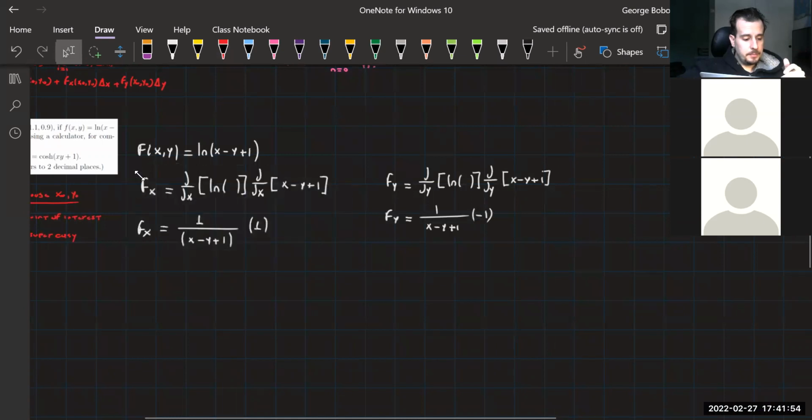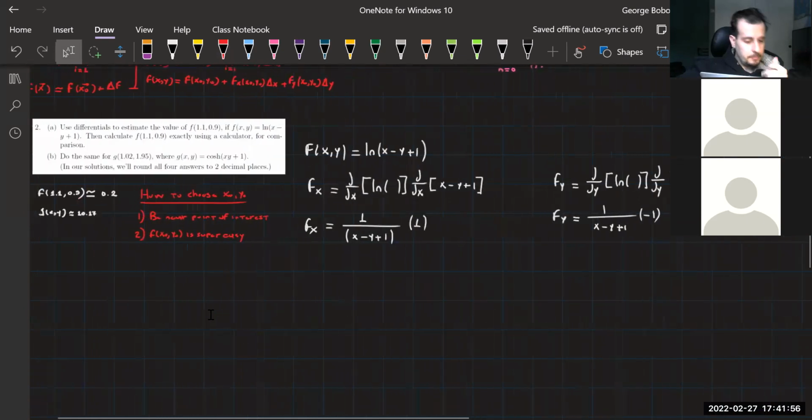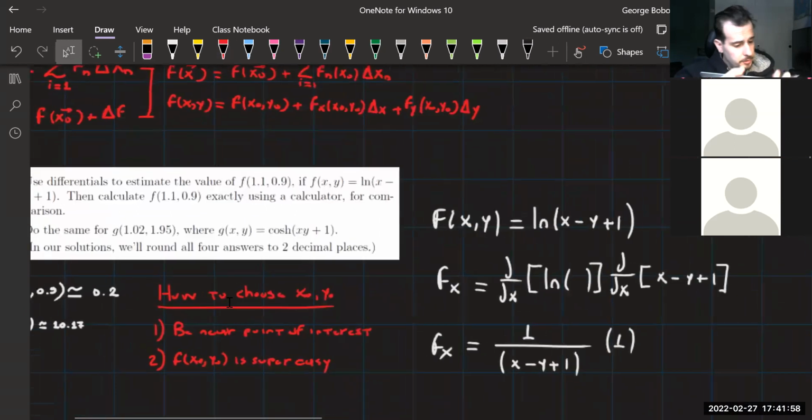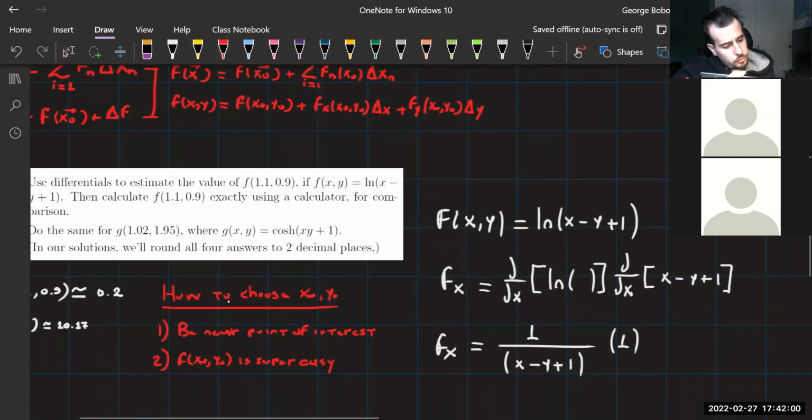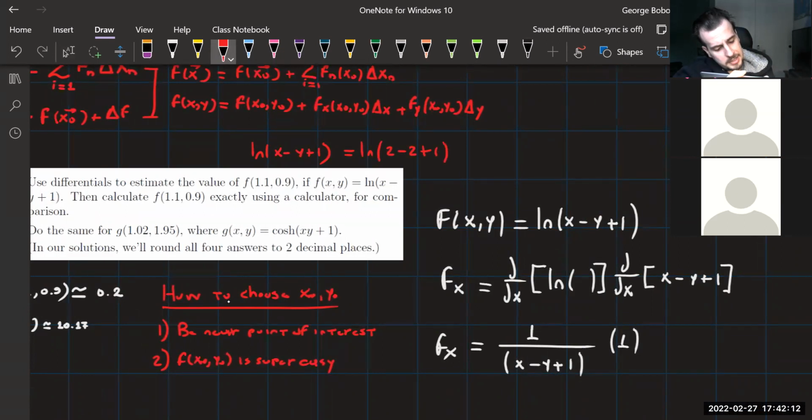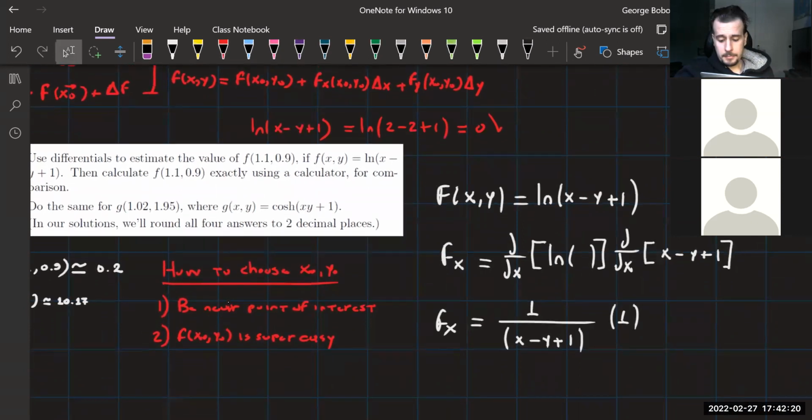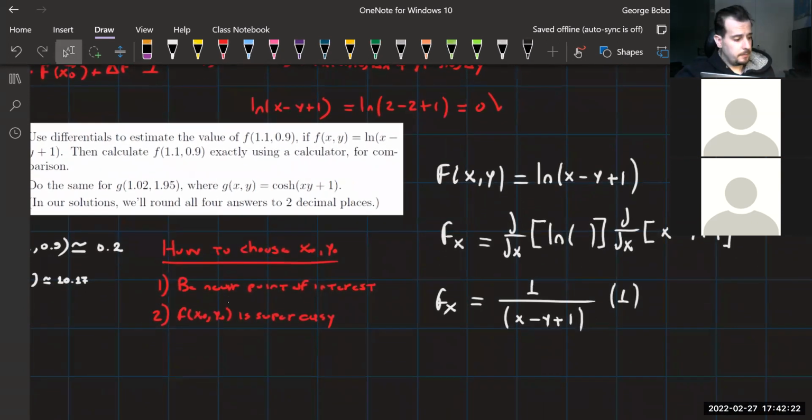All right. Now, what else did I want to ask you here? Oh, yeah. Because it's ln of x minus y plus 1, what if I tried to focus this approximation at, let's say, 2, -2? Why is that not good? That's easy to evaluate. Why is that a problem? What do you girls think?